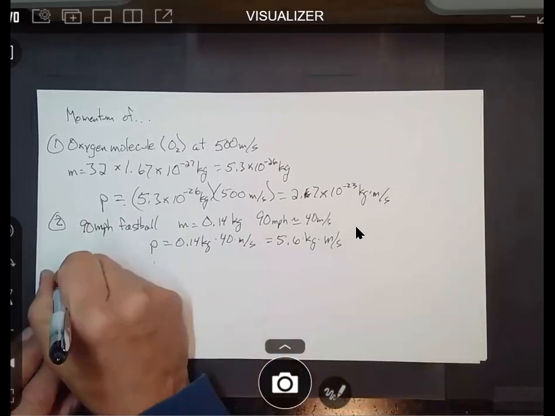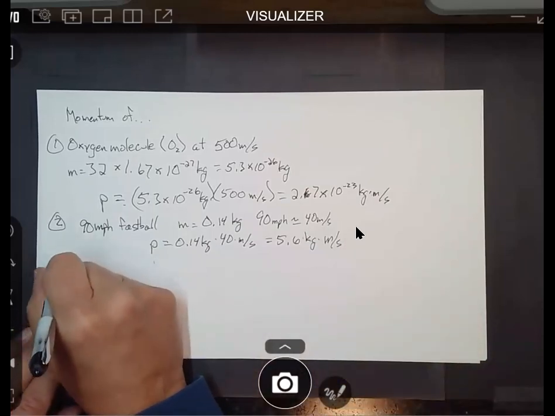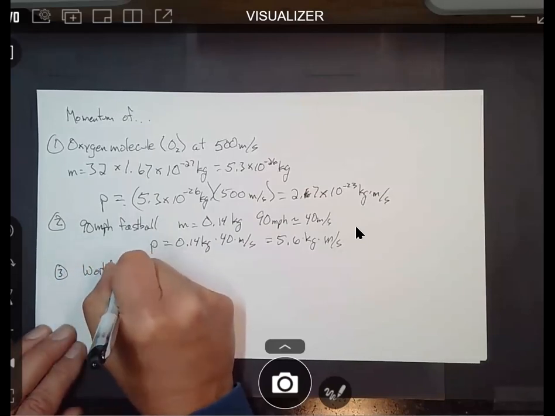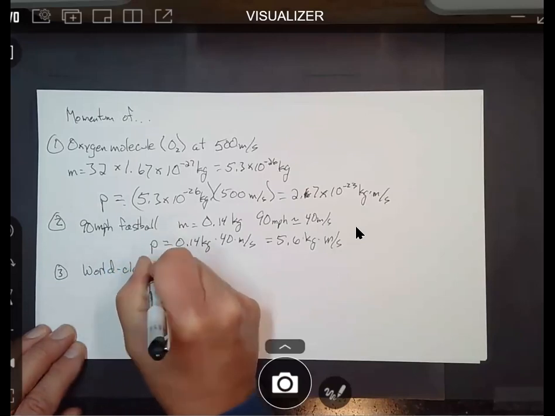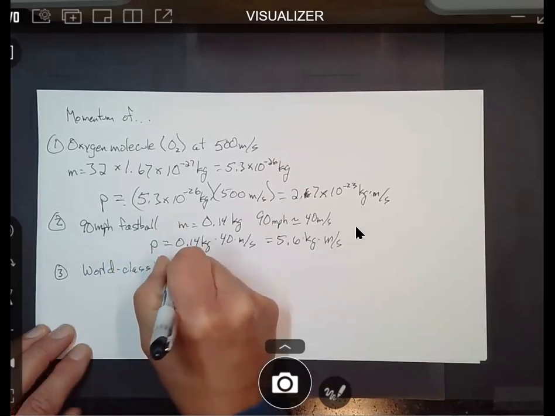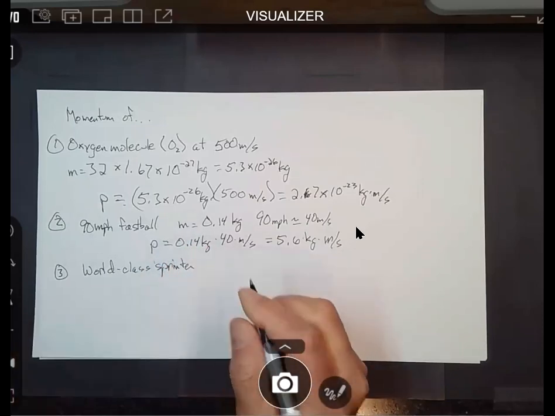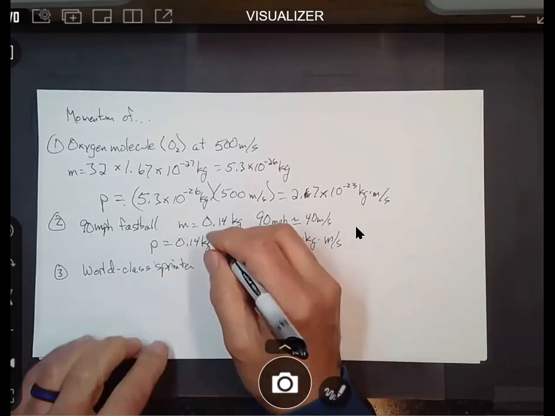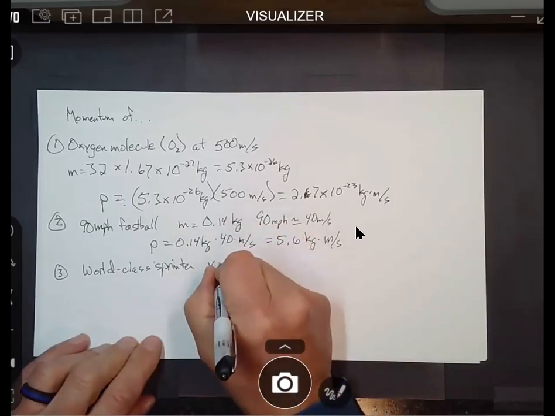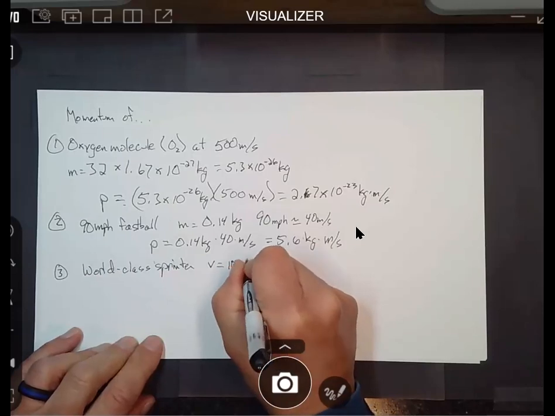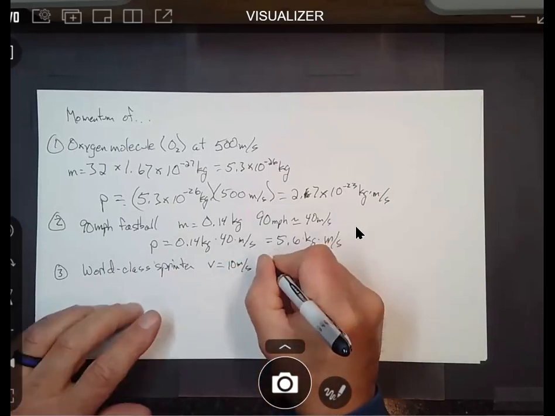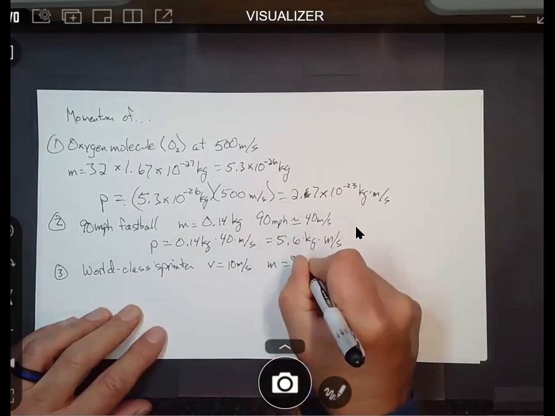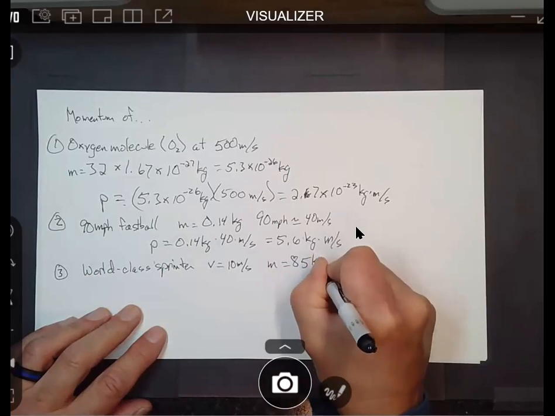How about a world-class sprinter in the 100 meters, and maybe they're going at about 10 meters per second. And I'm just going to make up a number for their mass, maybe 85 kilograms.